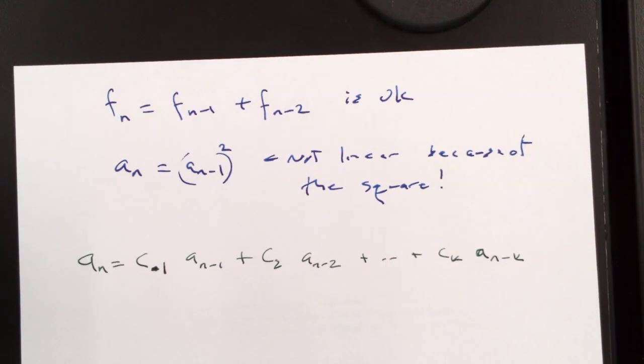This is my generalized version of the thing I'm trying to solve. I want to know how to come up with the answer to this thing. I'm going to make an assumption.